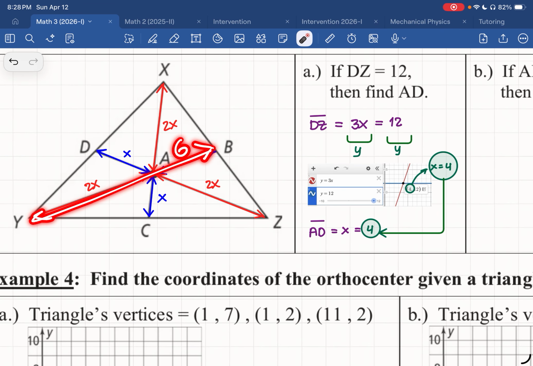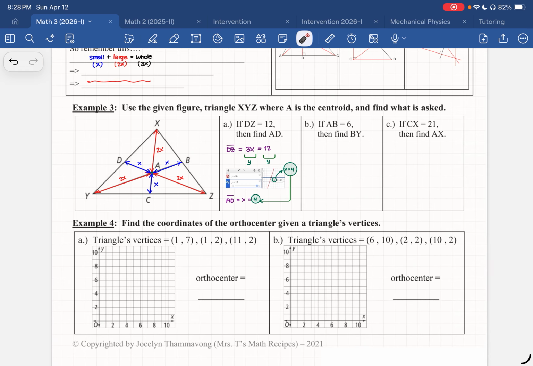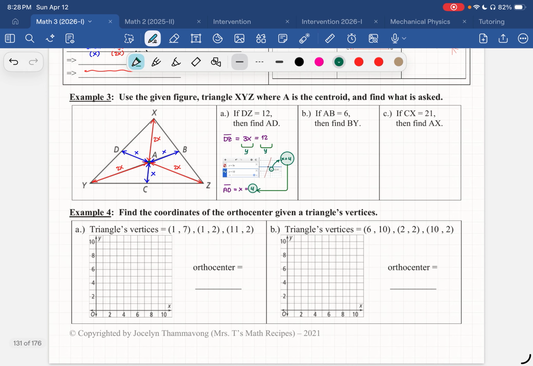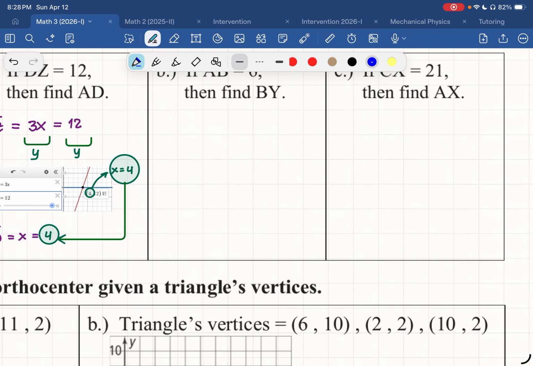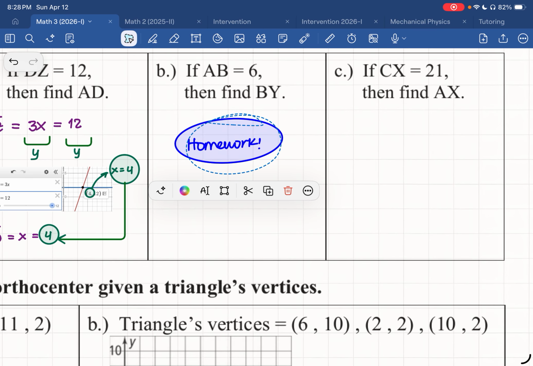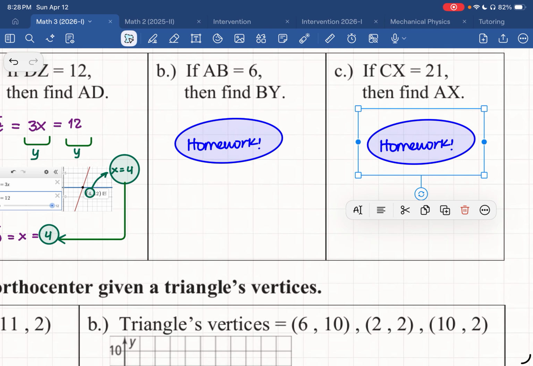If you know that this is 6 and this is double, 2 times 6, what do you have to do? Add these two quantities, 6 plus 2 times 6. You know what you have to do. So try to solve it by yourselves, okay? Oh, remember, I forgot, we say this is homework, not classwork, okay? So let me just copy this here, and this one you're gonna solve the same way.